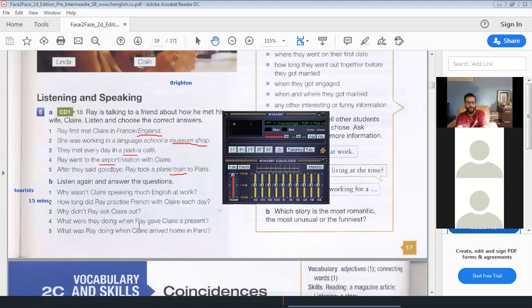What were they doing when Ray gave Claire a present? We want to listen for what the present was and what they were doing. And what was Ray doing when Claire arrived home in Paris? All right, so now let's listen again.